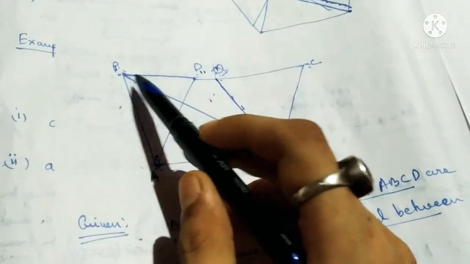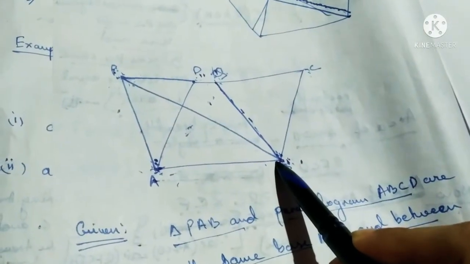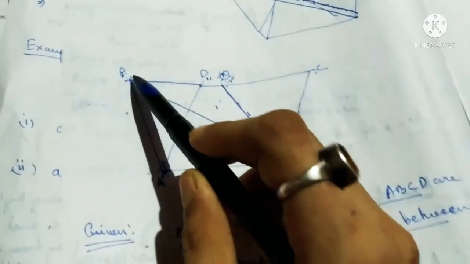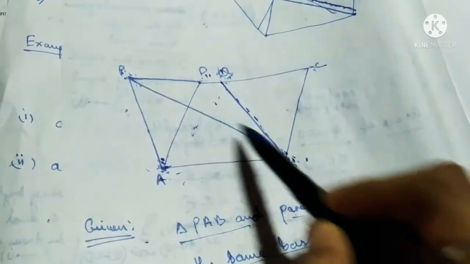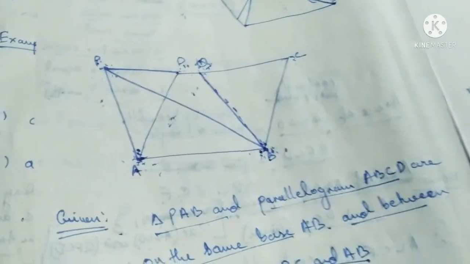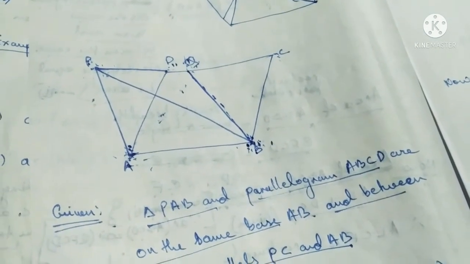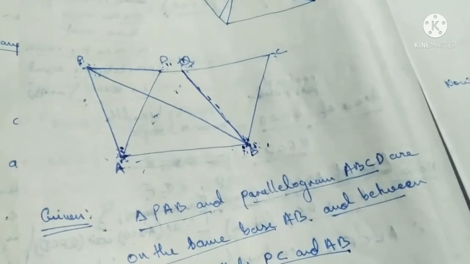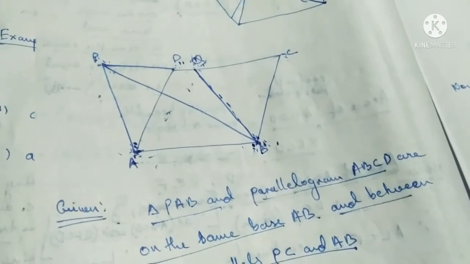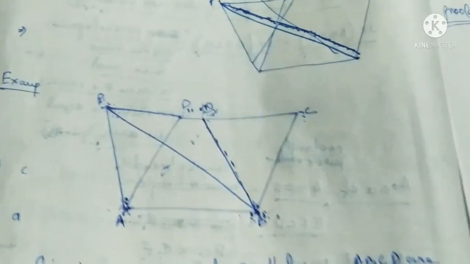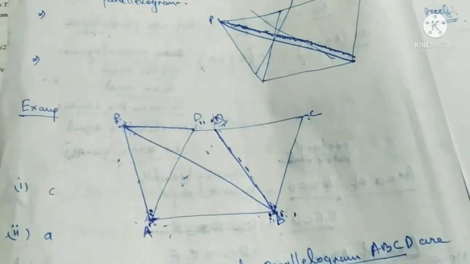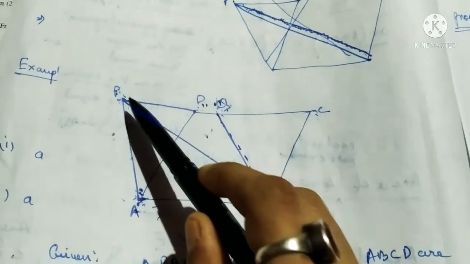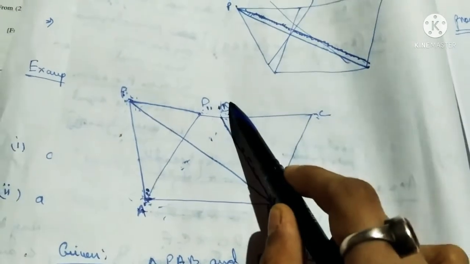Now I can say that the area of PAB is equal to half the area of PABQ. Why?